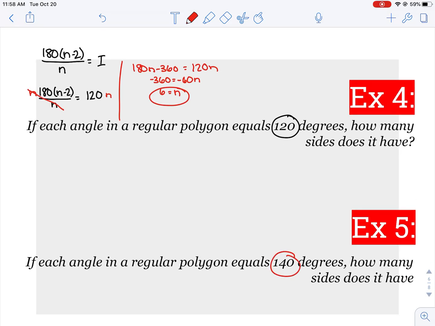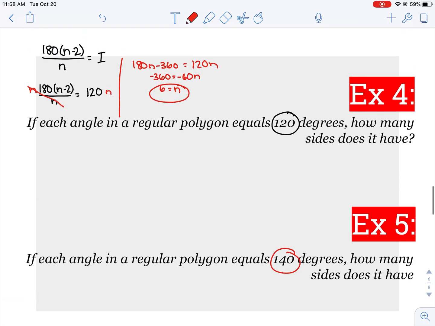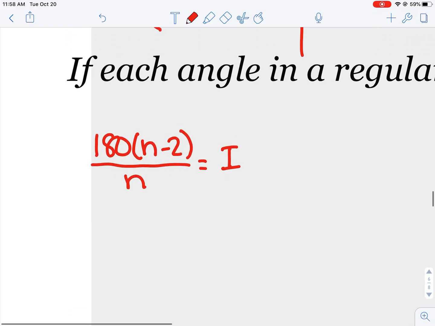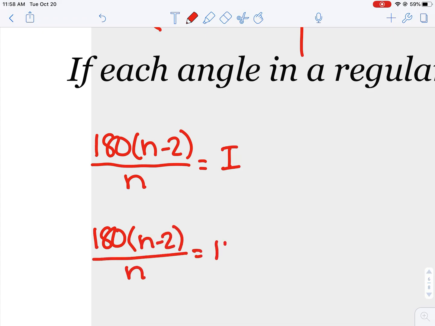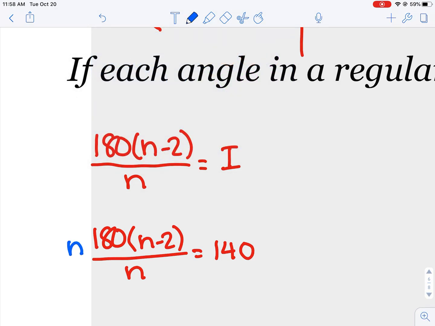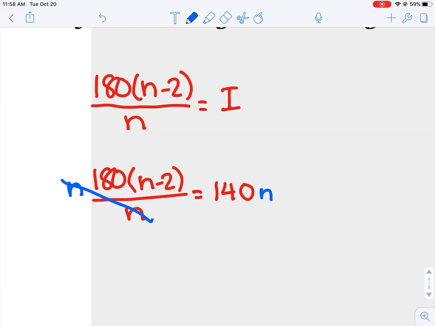Similar idea this time, that angle is 140. Okay, we're still going to work backwards though, so I'm still starting with 180 times n minus 2, all divided by n, equals 1 interior angle. This time though, I'm putting 140 in for my interior angle. I'm going to multiply both sides by n so that my fractions are cleared, and now I'm distributing my 180.